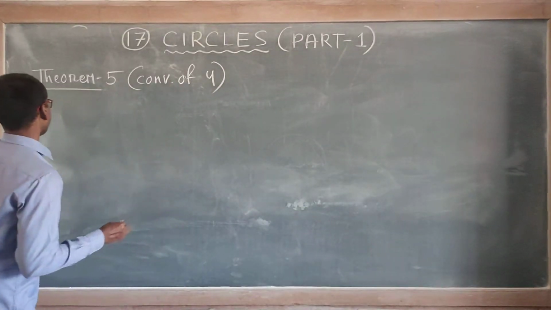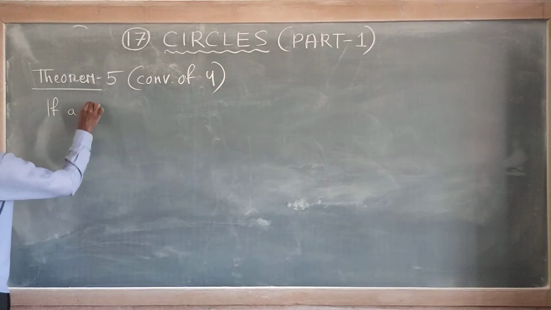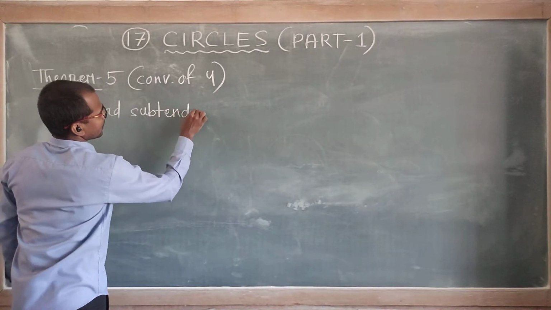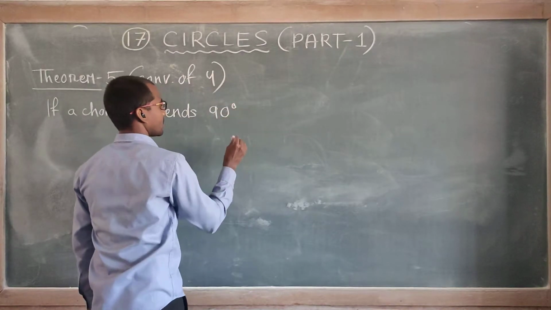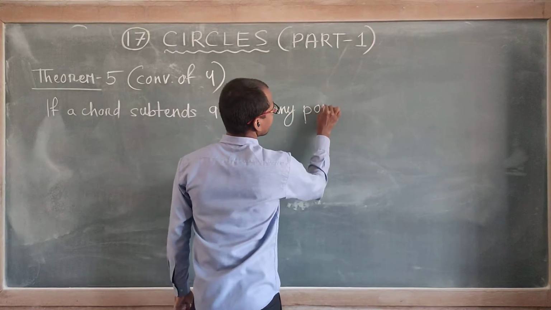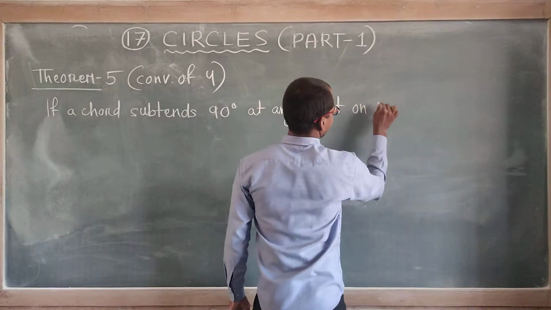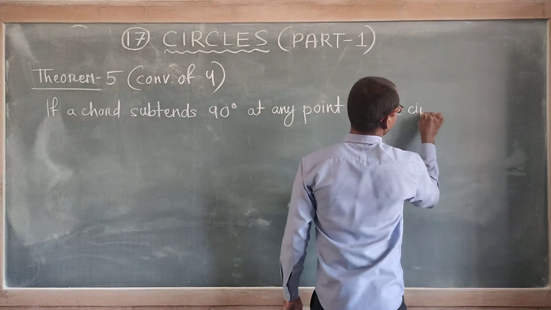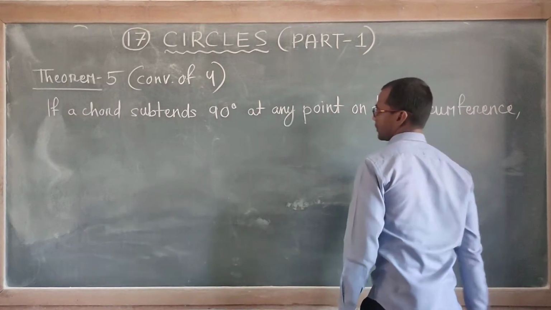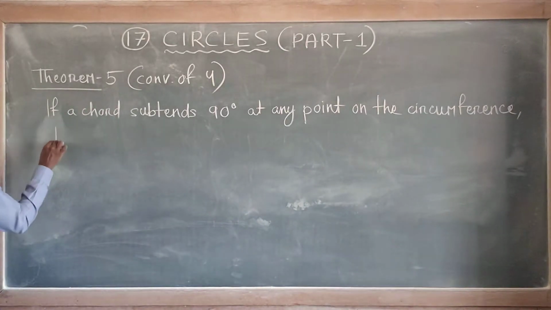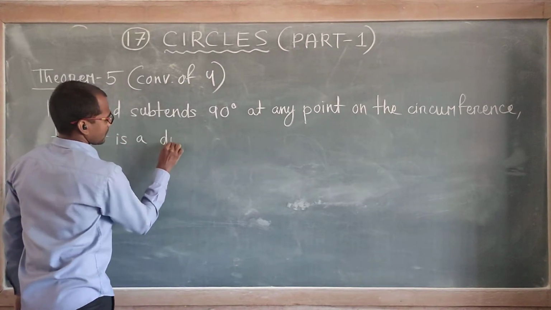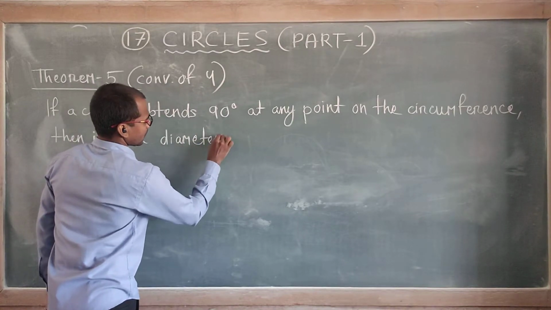Okay. So remember the theorem. If a chord subtends 90 degree at any point on the circumference, then it is a diameter.